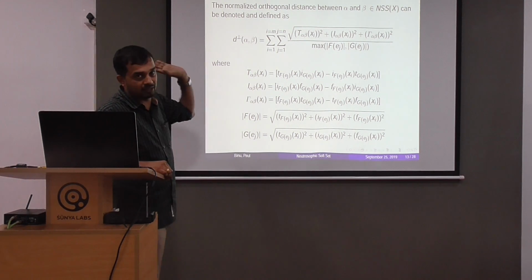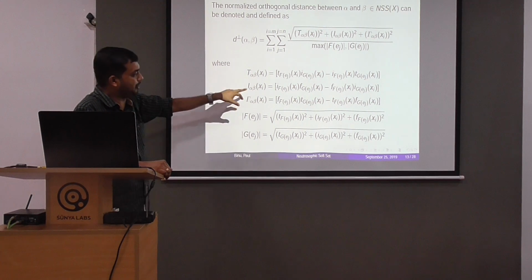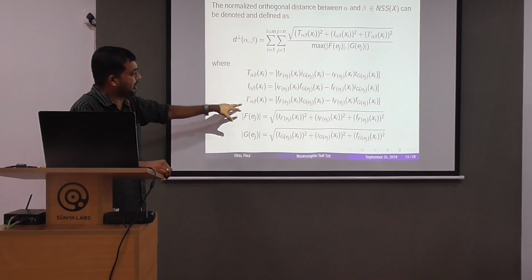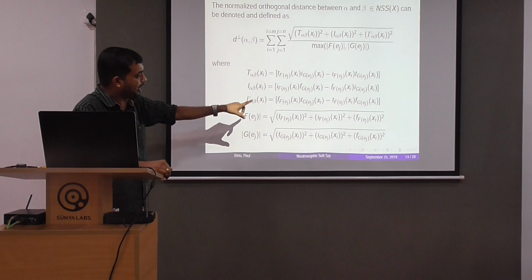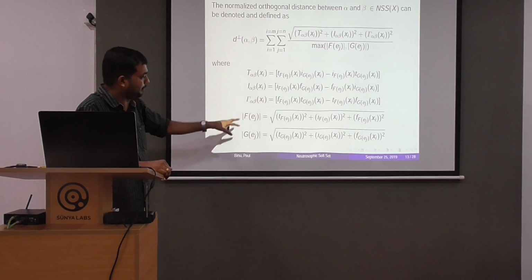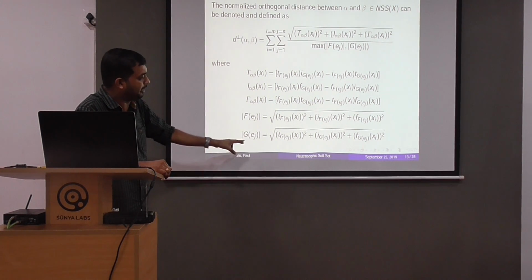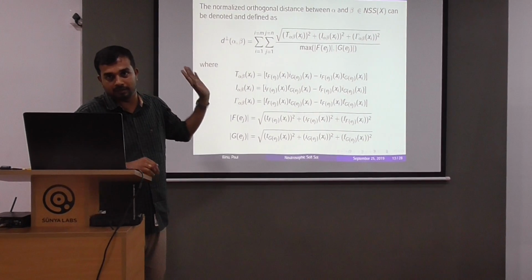It is for normalization, where t alpha beta can be defined like this, I alpha beta can be defined like this, and gamma of alpha beta is equal to F of E into T of G minus T of F into F of G, where mod of f of Ej and modulus of g of Ej are the modulus values of these.